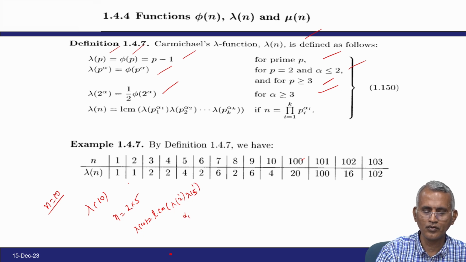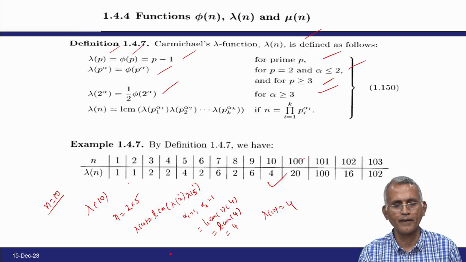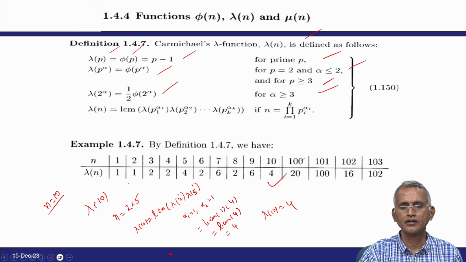Here alpha 1 equal to 1 and alpha 2 equal to 1. So LCM of lambda of 2, which is 1, and lambda of 5, which is 4. The LCM of 1 and 4 is 4. Therefore lambda of 10 equal to 4. Yes, beautifully coming. Like that you have to work with the Carmichael lambda function.